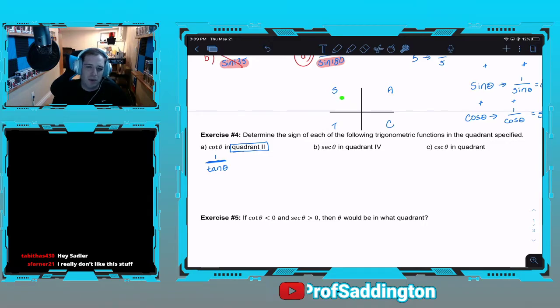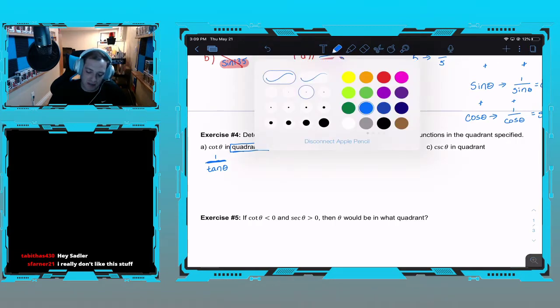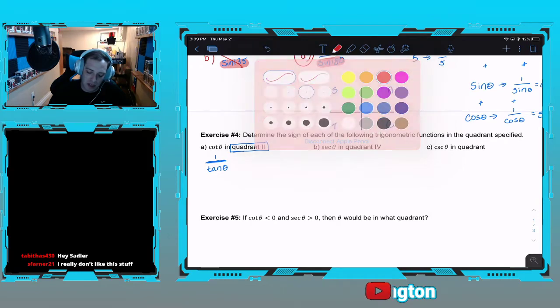After I do a couple of them, Sierra, you might start picking up on it. So because tangent is what we're talking about here, I'm just going to come up here and look at my grid. Okay? It says we're in quadrant 2. The only thing that is positive in quadrant 2 is sine. I'm just going to write it right underneath.